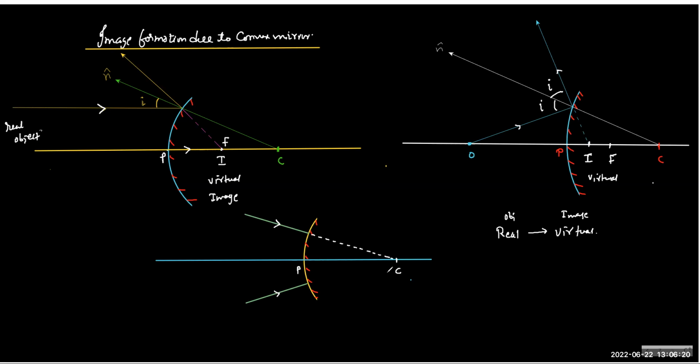Oh, that's interesting. My object is hitting the center itself. These are normal rays, so it will just reflect back, isn't it? It will just come back. Of course, this happened by chance. I was not intending to do this. So the ray will come and go away on the same path because it's passing through the center of curvature. So these rays are essentially hitting the mirror at right angle, and whenever the light ray hits at right angle, what will happen?